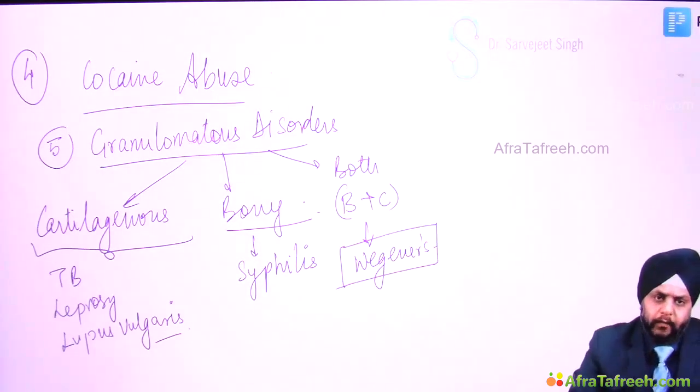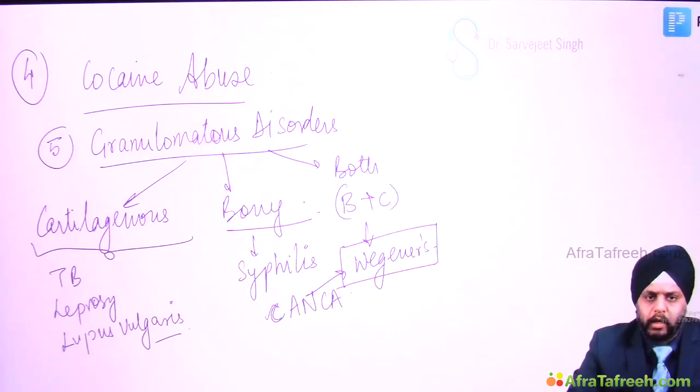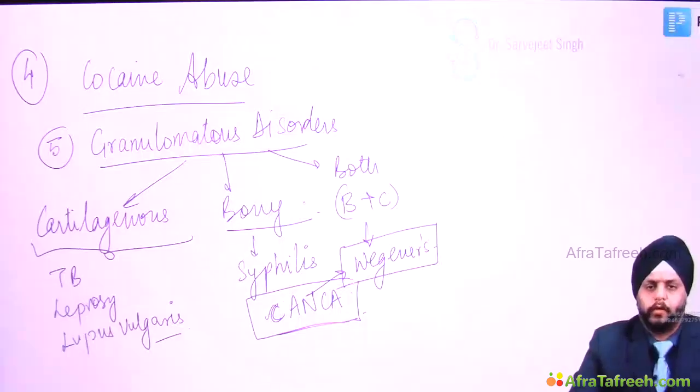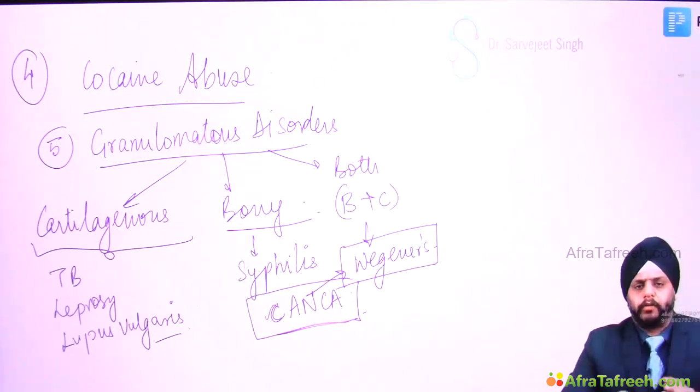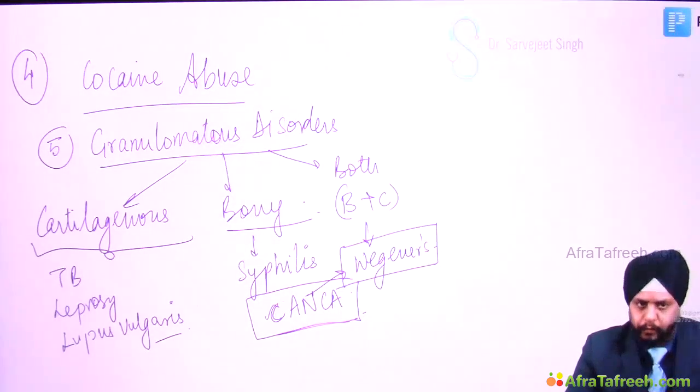You have studied Wegener's in pathology and medicine, and you know that C-ANCA is the specific investigation done for Wegener's. So Wegener's granulomatosis can cause both bony and cartilaginous septal perforation.